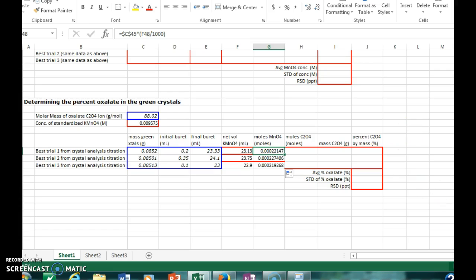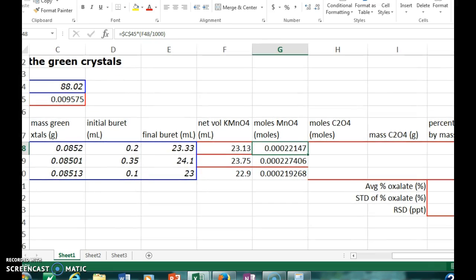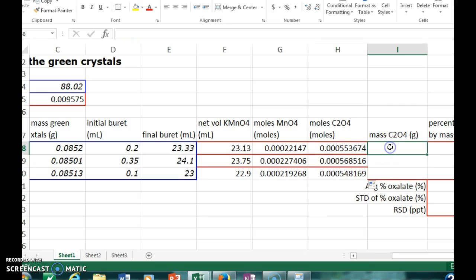I should make this bigger. You're going to multiply this number right here by 5/2 to cancel out permanganate and give you oxalate. Click, drag.